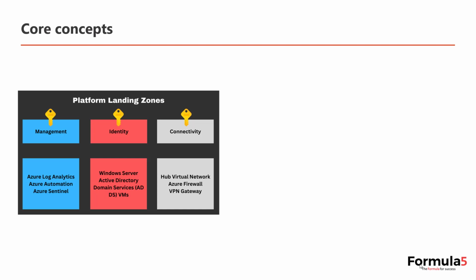When it comes to identity, you mentioned domain controllers, so probably it's related to on-premises connection to Active Directory. And on the other side, we have the connectivity platform, which is responsible for hosting services like Azure Virtual Network and stuff like this to connect resources. Is that correct? Yeah, absolutely.